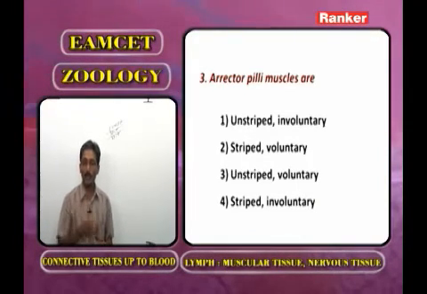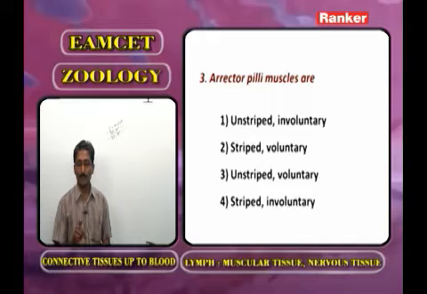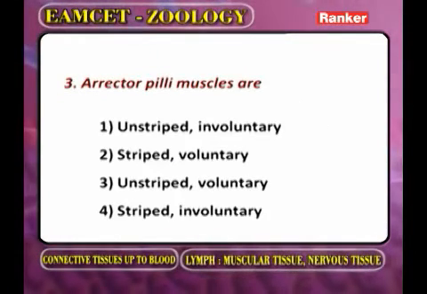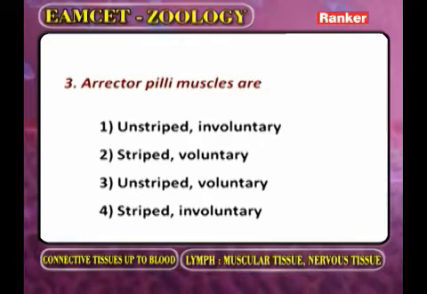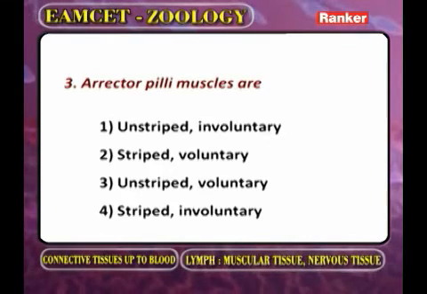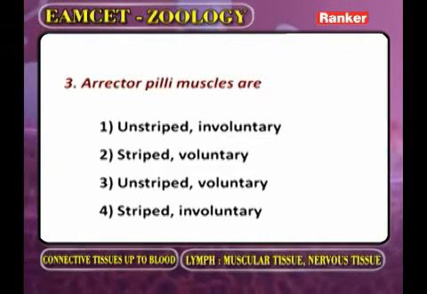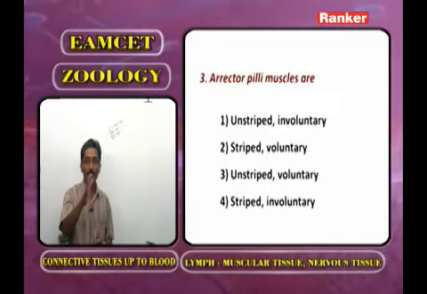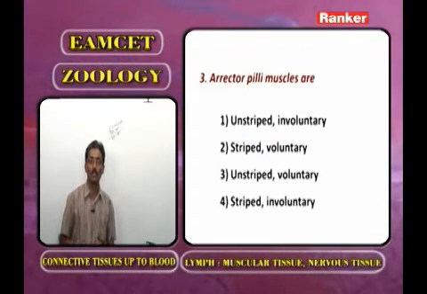Now they are made by, the first option is unstriped involuntary, the second one striped voluntary, the third one unstriped voluntary, and the fourth one striped involuntary. For this question I am giving one hint. The second type of muscles we call smooth muscles.